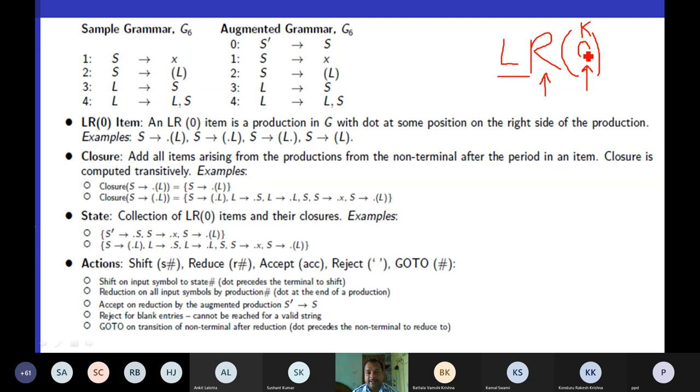Probably you understand that if the number of look ahead increases, then it will be a very strong one. But we will see that k equals 1 is enough for our purpose. But before going for k equals 1, let us start with LR0 and see how far we can go with this one. And when we see the restriction or limitation of LR0, then we will move to k equals 1.